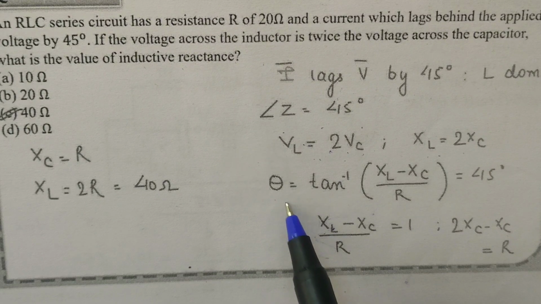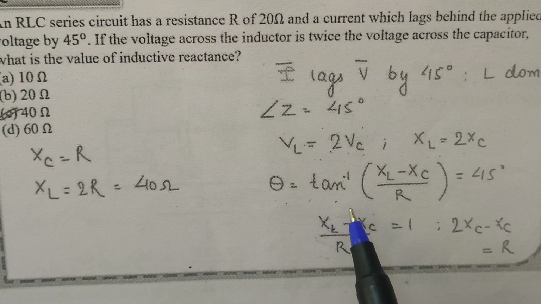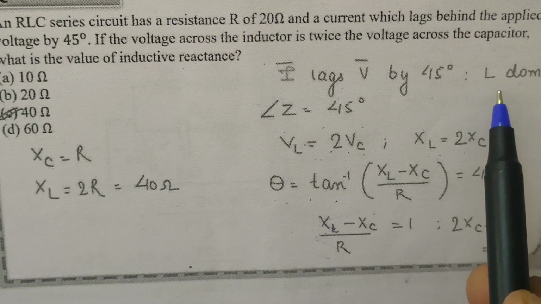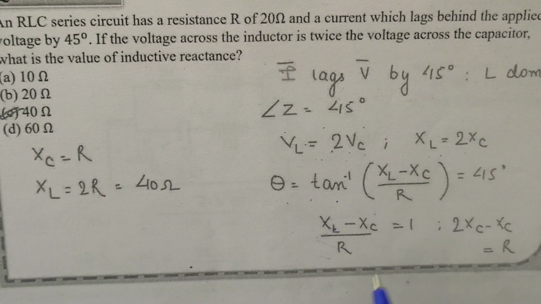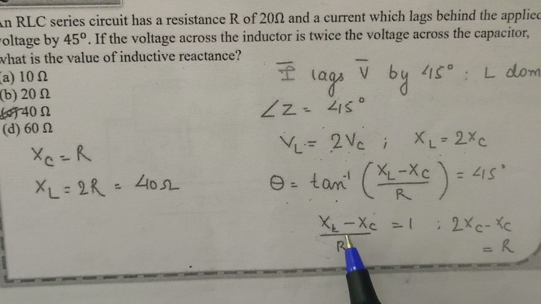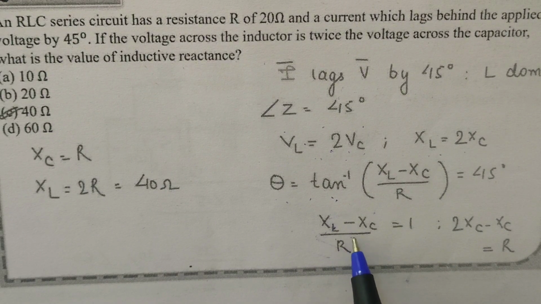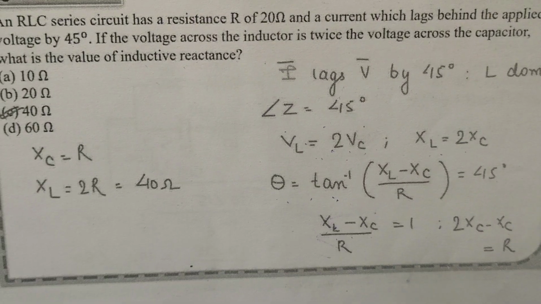Here theta is equal to tan inverse of XL minus XC by R, because L dominates, 45 degrees. If tan inverse goes to the right hand side, it will become XL minus XC by R is equal to 1.